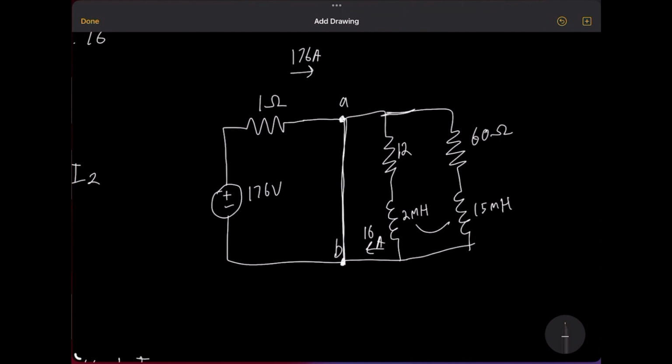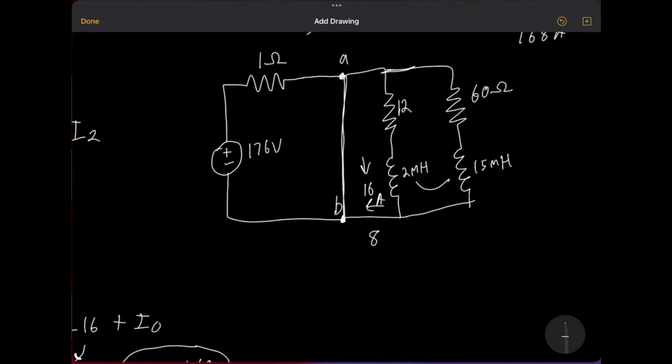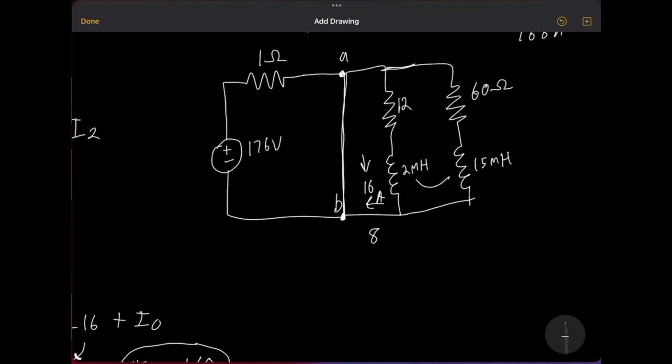And then initially from 0 plus we found that we start at 160. We need to figure out as time passes, when will this become 168 amps? Or when will this 16 become 8? Because 176 minus 8 will give us 168 amps. So we need to figure out the transient state for these inductors, how to determine the values of the current as time passes on.